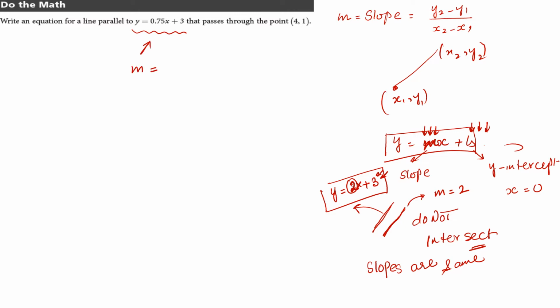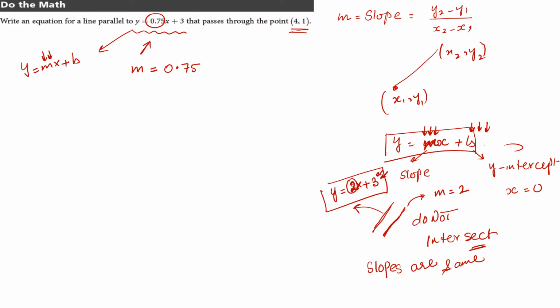If I compare this equation with y equals mx plus b, you can see that the number written with the x is 0.75. So the slope of this line is 0.75. If the other line is parallel to this line, whose equation is given, it means the other line will also have the same slope. That line is passing through the point 4 and 1.